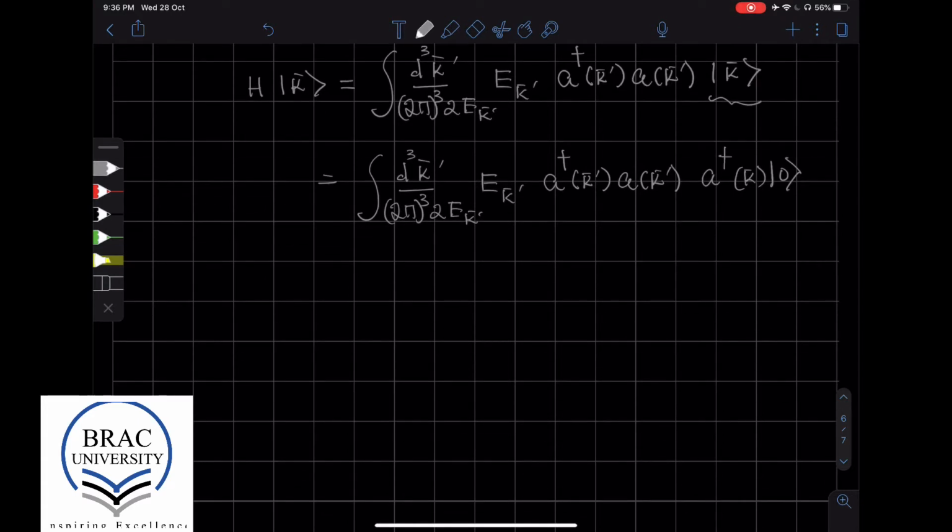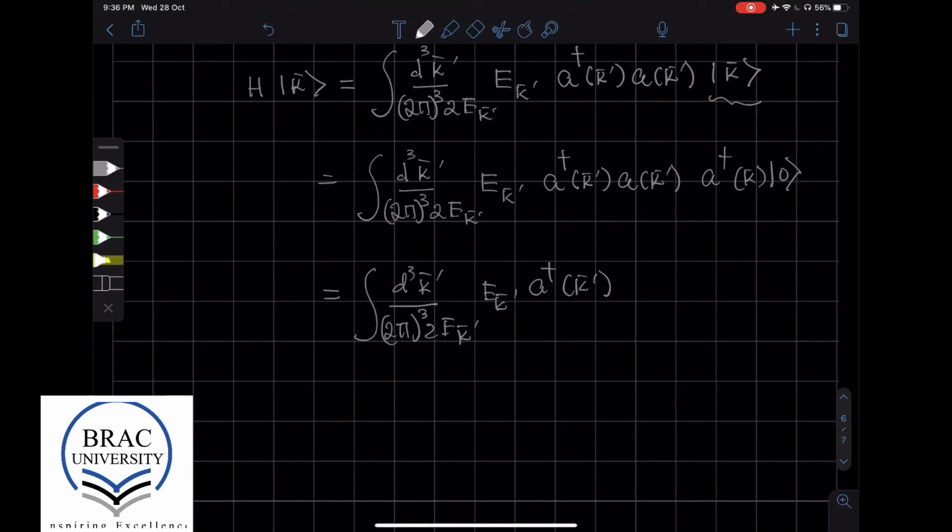And then what we do is commute these two using the canonical commutation relationships. If we do that, what happens? We get the usual measure d k prime, and then a dagger of k prime stays as it is.